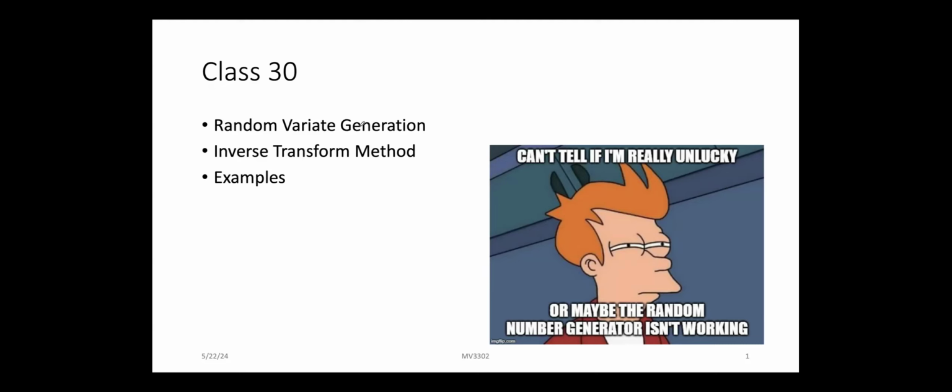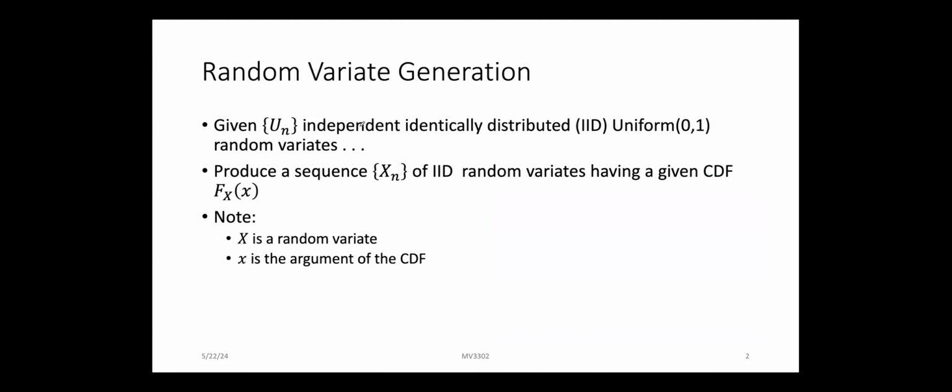You've all had that at one point or other, so at least some of this should be review. So, we can assume we're given this sequence of IID uniform 0-1 random variates.